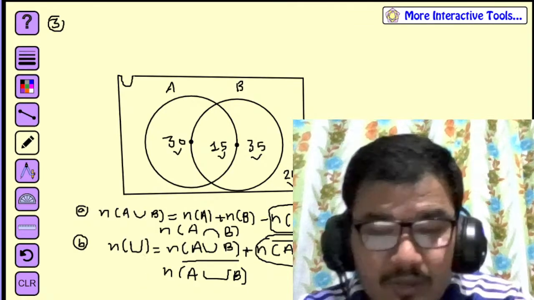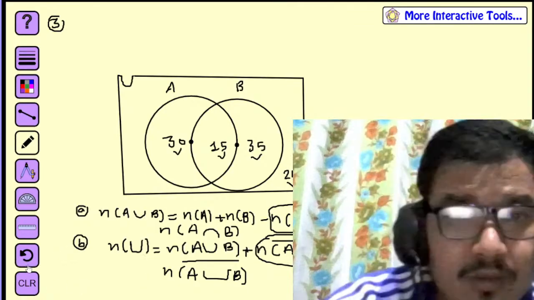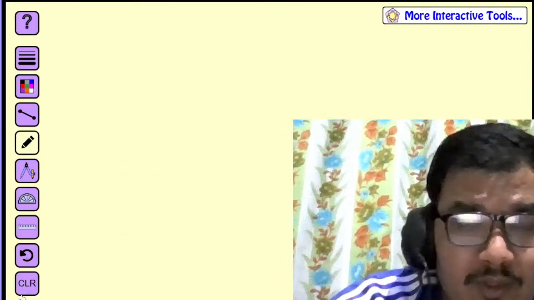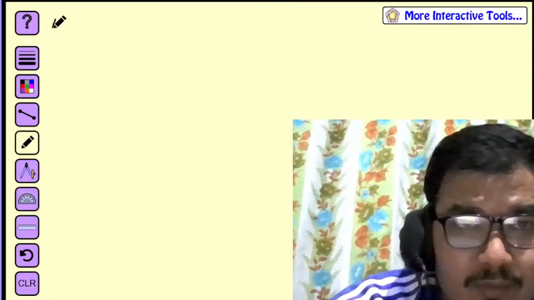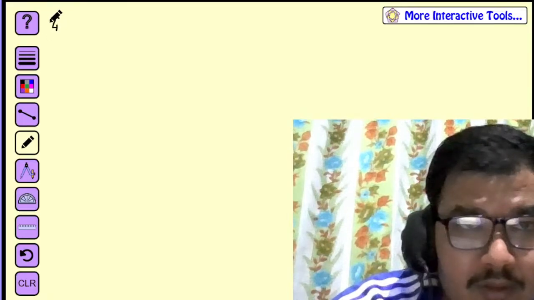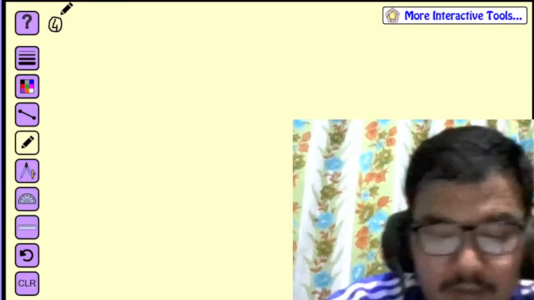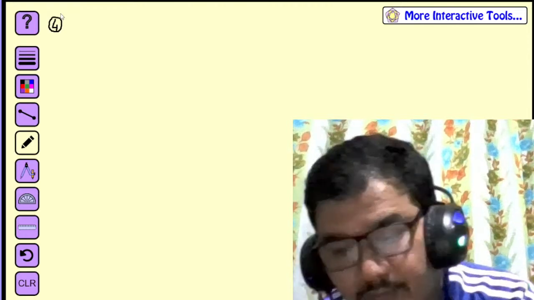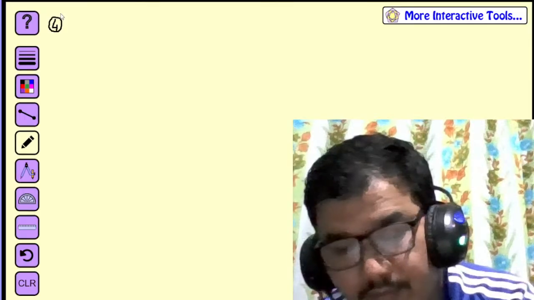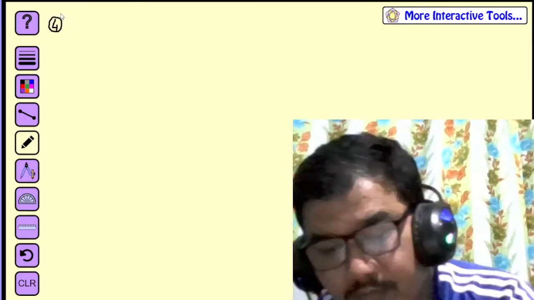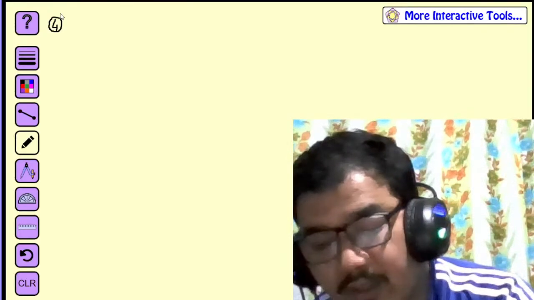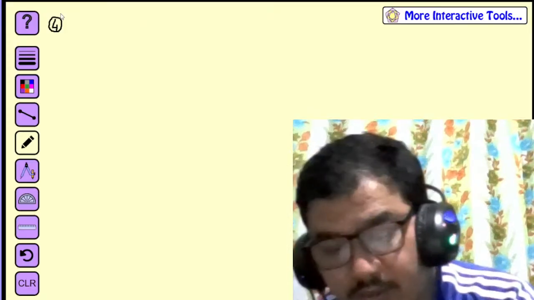Here I want to show some of the construction work also. Look, fourth number question, this I want to clear. Okay, I want to share the construction. How to construct the triangle which is equal in area with the quadrilateral.